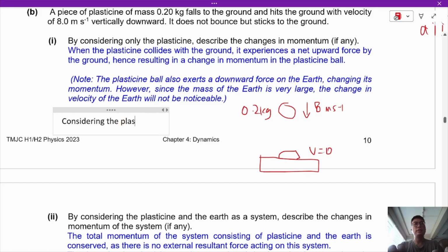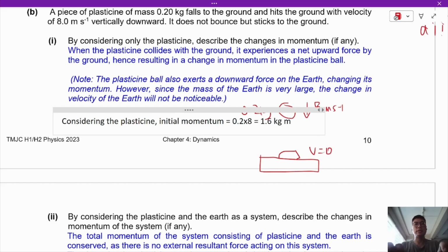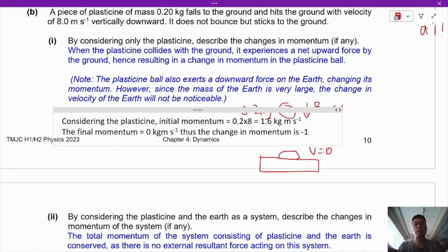Considering the plasticine, the initial momentum will be equal to 0.2 times 8, which is equal to 1.6 kilograms meters per second. The final momentum is equal to 0 kilograms meters per second, thus the change in momentum is negative 1.6 kilograms meters per second.